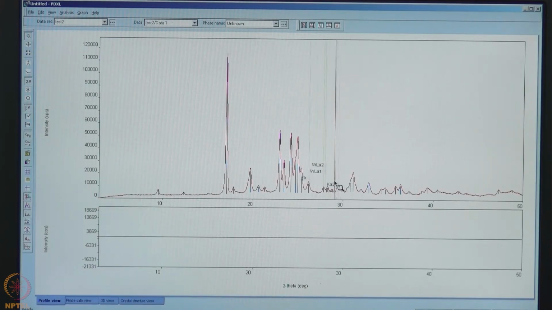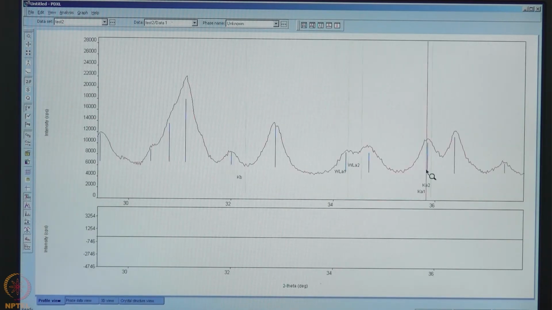This can also be seen at high angle peaks. So the alpha 1 alpha 2 split is wider at the high angles compared to the low angles. If you look at the red line and the green line, they are well separated at higher angles like 30°.